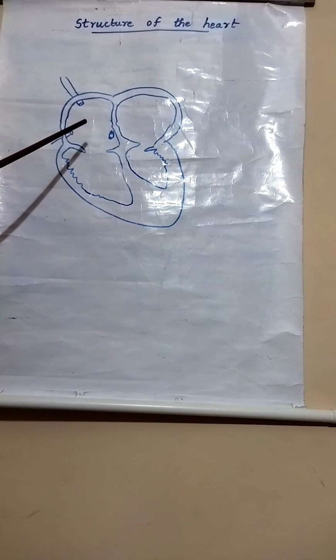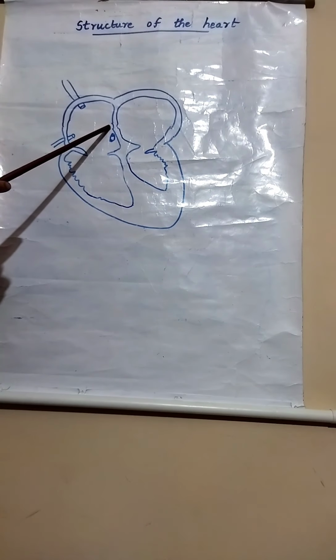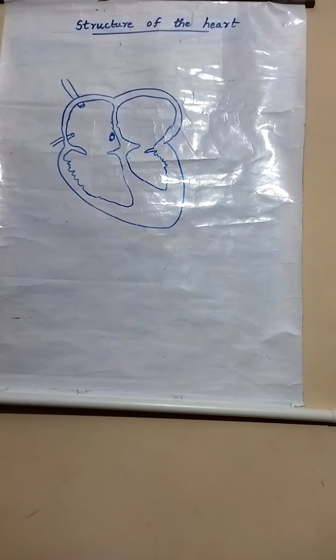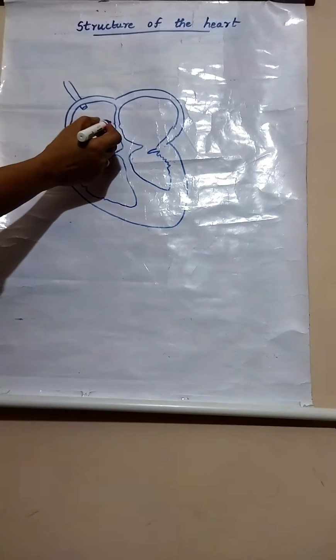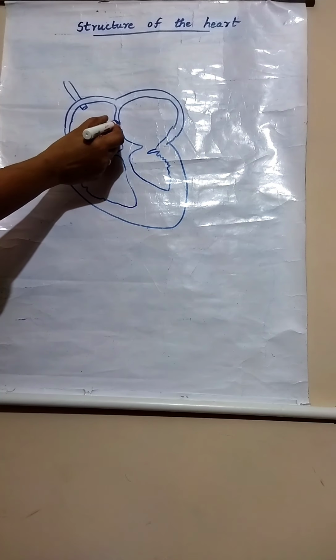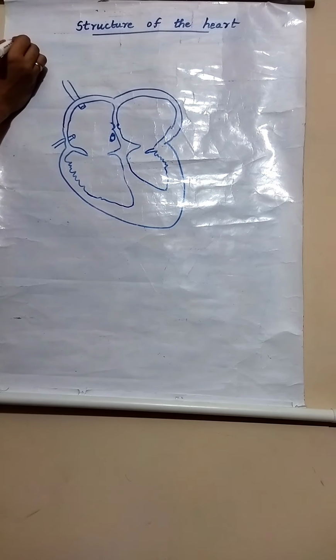If you look at this region, there is a slight depression that you see. This depression is actually the remnant of the foramen ovale.